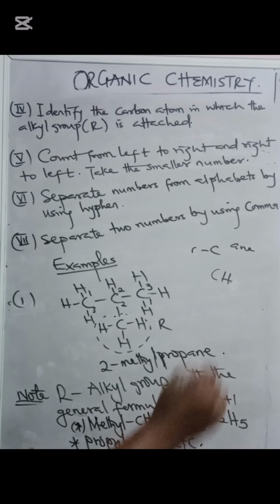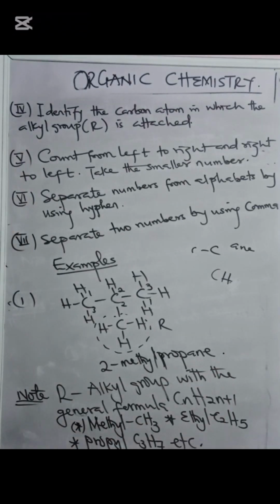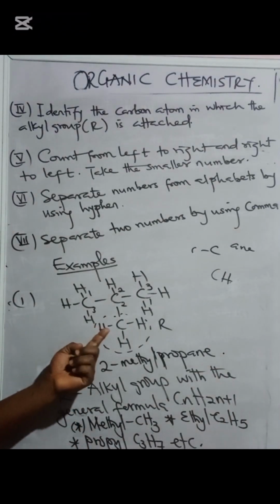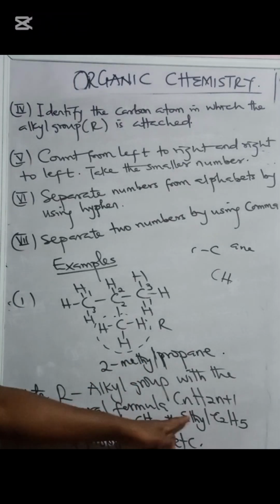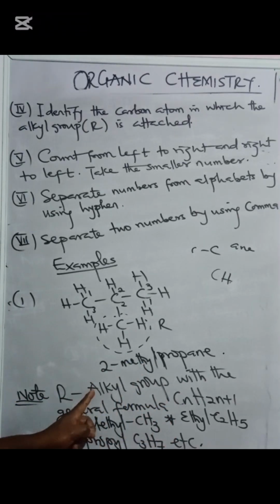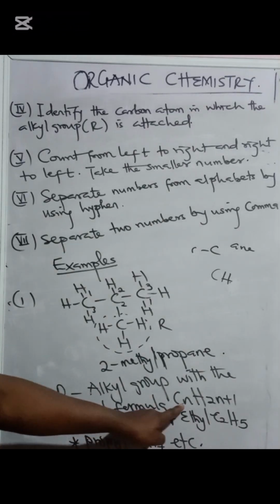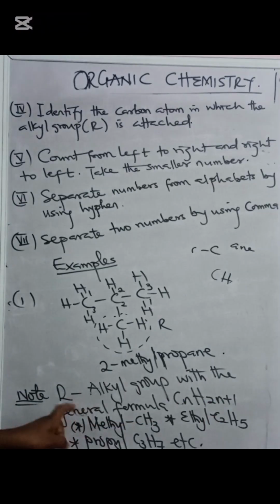These are called alkyl groups. Alkyl groups are generally represented by capital R, with the general formula CnH2n+1. It is derived from alkane when a hydrogen atom is removed from alkane.